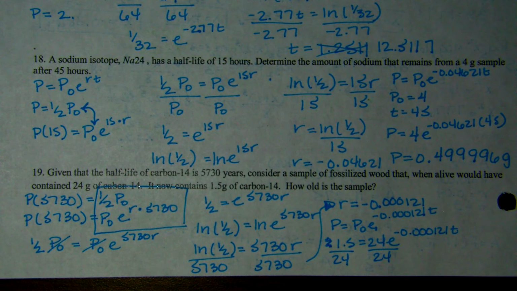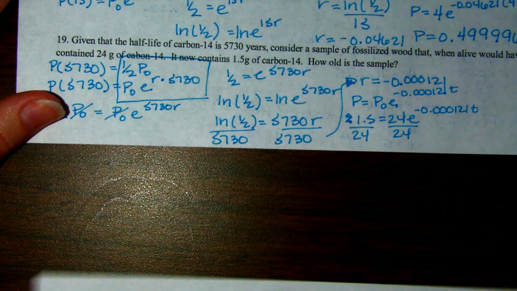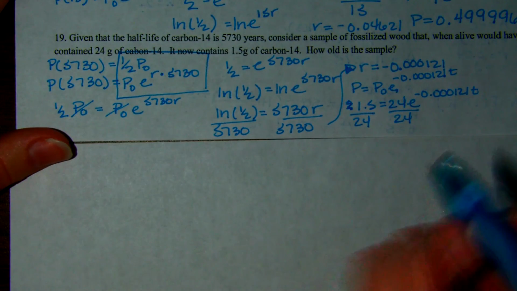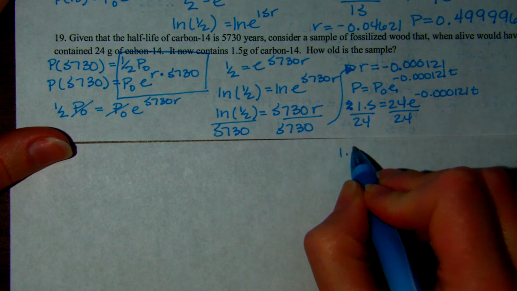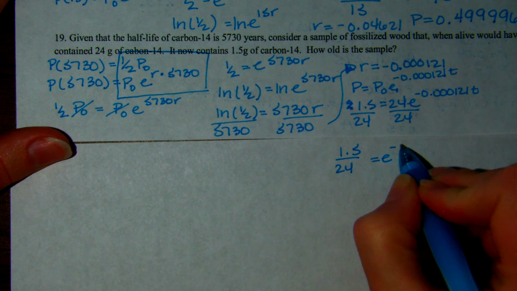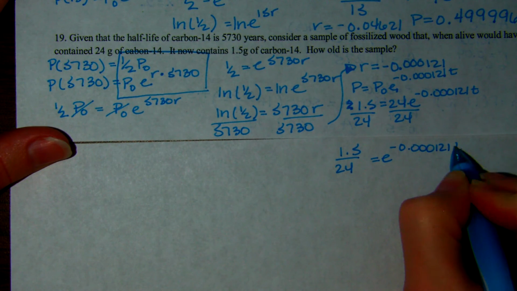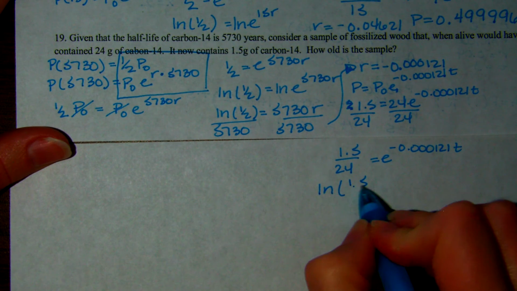We're going to get another piece of paper because we are running out of space. And so you get 1.5 over 24 is equal to e to the negative 0.000121 t. Take the natural log of both sides.